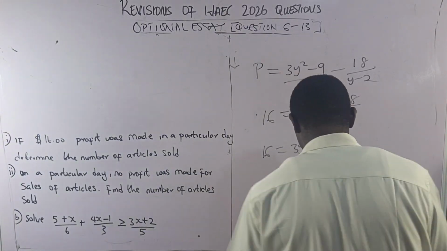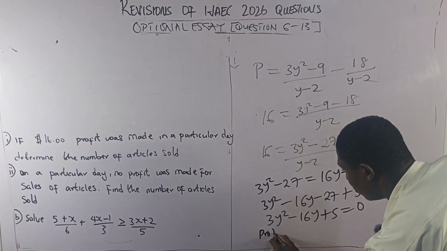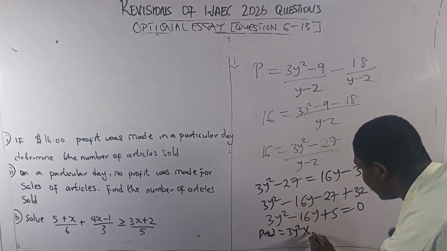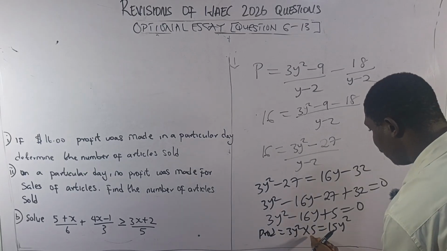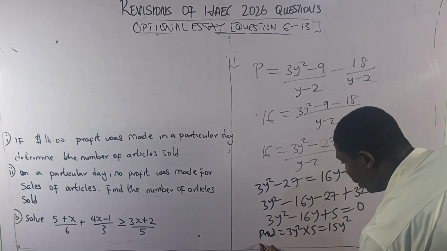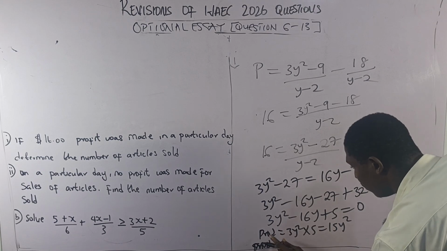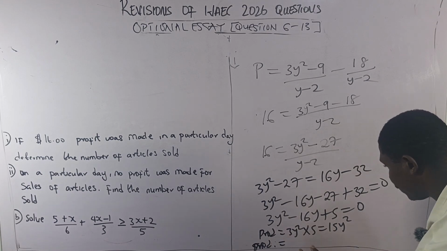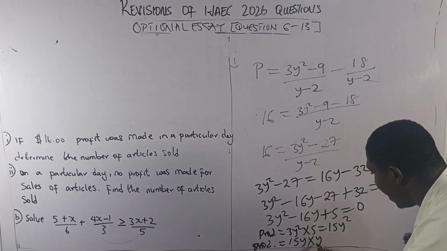Factorizing, our product will be 3y squared times 5, which equals 15y squared. But 3 and 5 cannot add up to give 16. So our second product will be 15y times y.